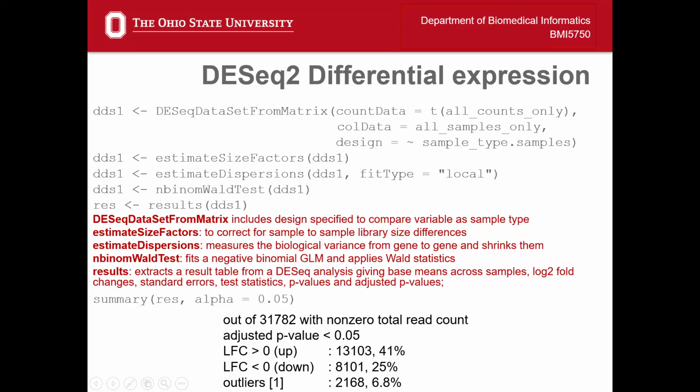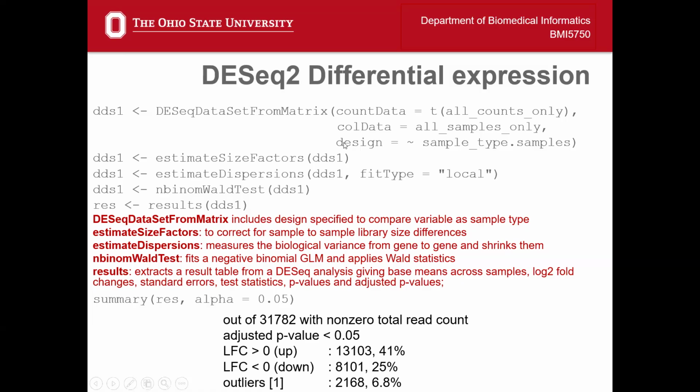The very important thing for this counts table and sample table is that they need to have the samples in the same order. The sample table needs to have samples as rows, and the counts table needs to have samples as columns. And it will check: are your column names equal to the sample names in the samples table?